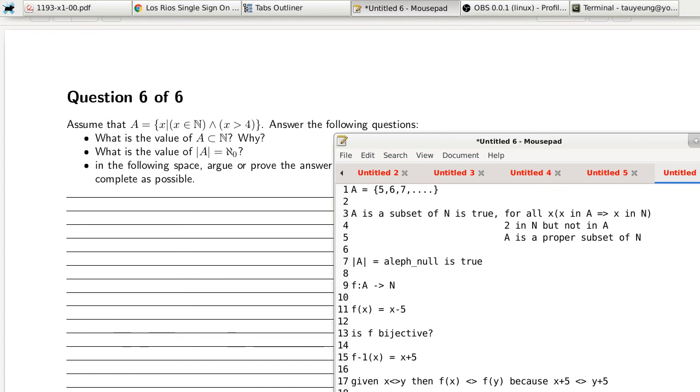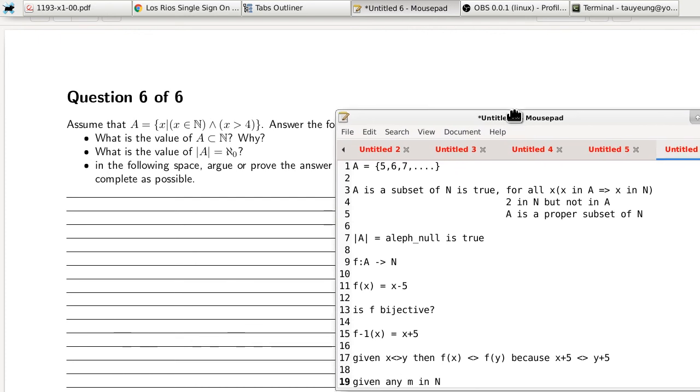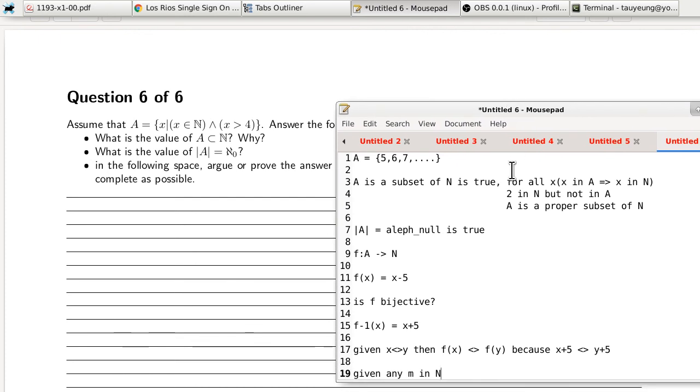Surjective basically says, given any m in N as a natural number, I'm writing where you cannot see again, this is awful.